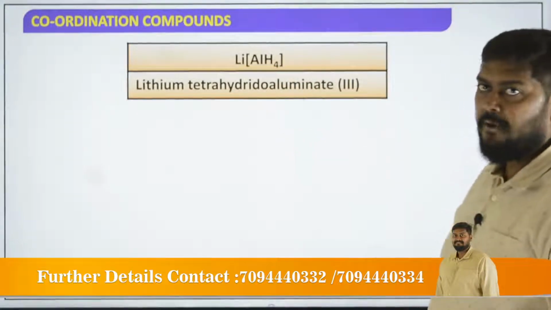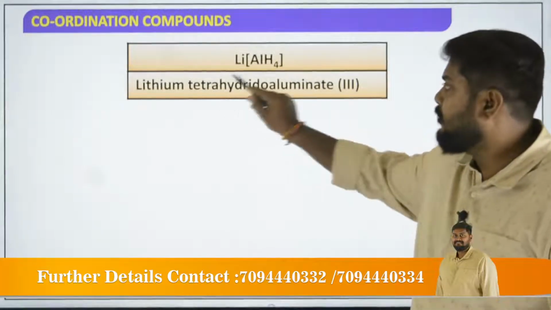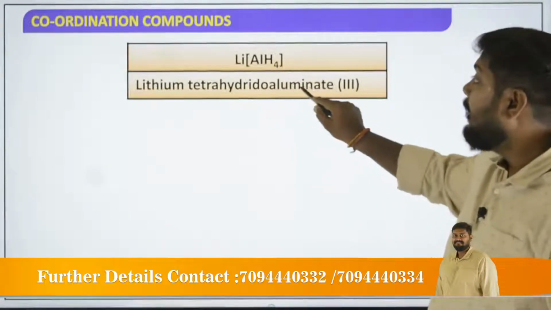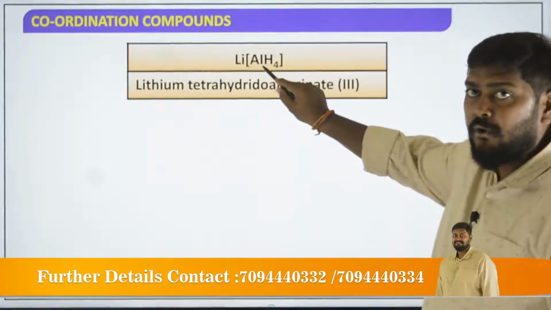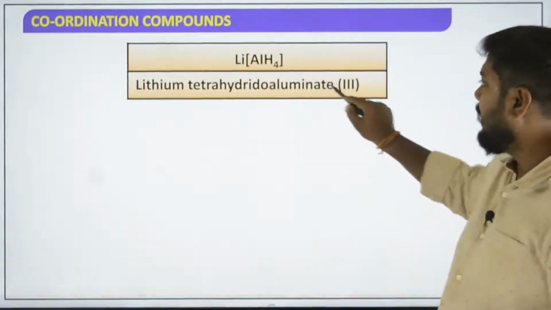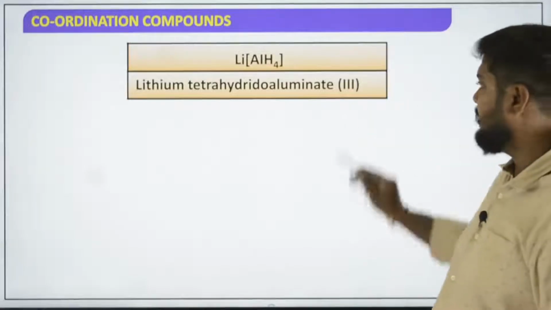We have only one type of ligand, that is H4. So for 4, use the Greek prefix tetra. H is hydrido. Then aluminium. This is an anionic complex, so it must end with ate: aluminate, and then you mention the oxidation state with Roman numerals, 3, right?